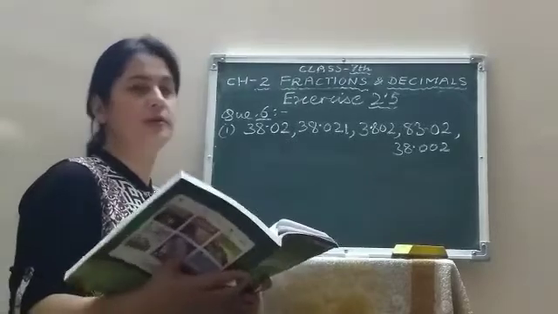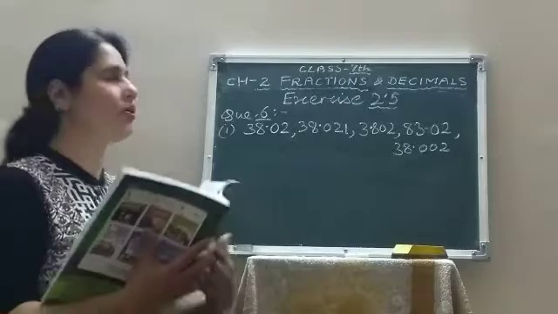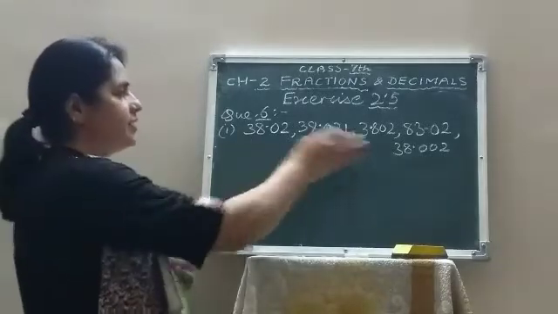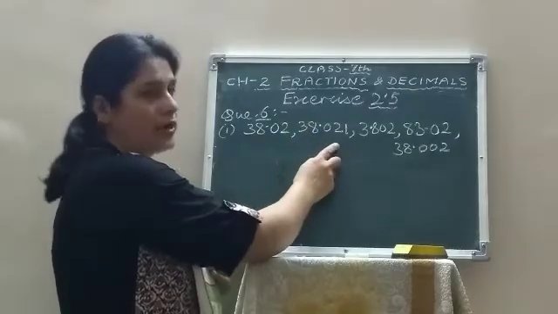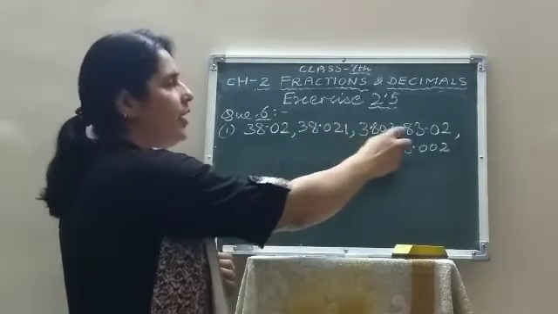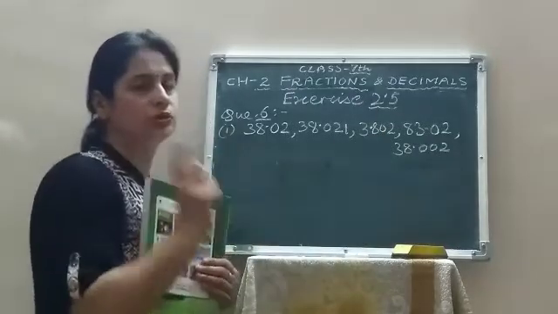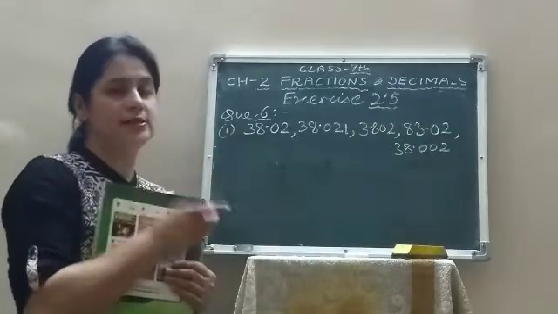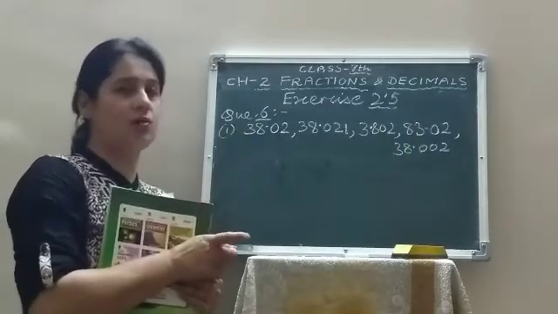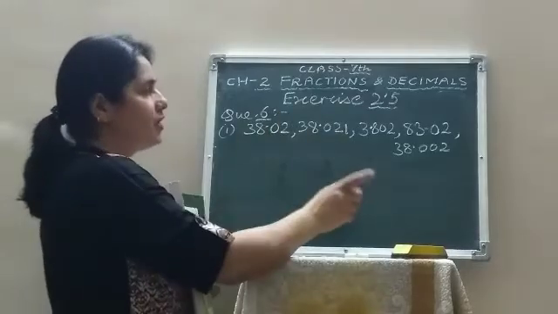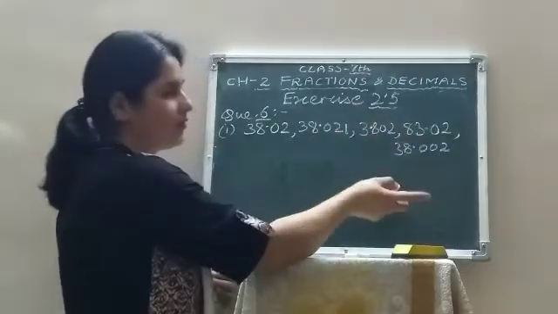Now in question number 6, you have to arrange the decimal numbers in ascending order. So these are the decimal numbers: 38.02, 38.021, 3.802, 83.02 and 38.002. So children, the first step is that you have to convert these into like decimals. Always you have to convert. For converting into like decimals, you see the maximum number of digits after the point.